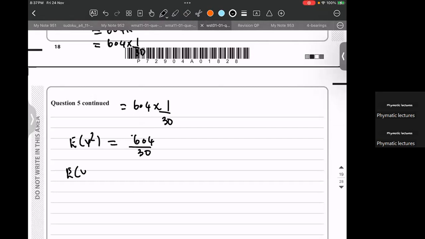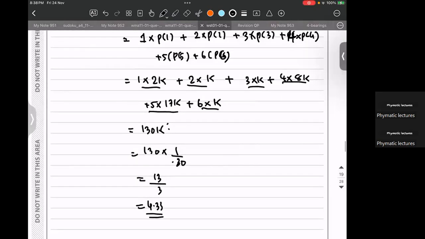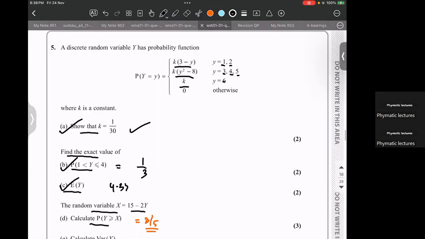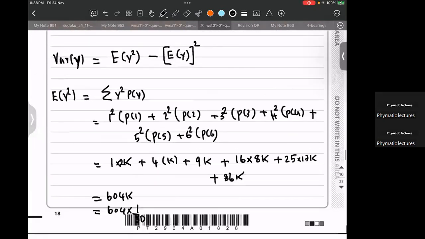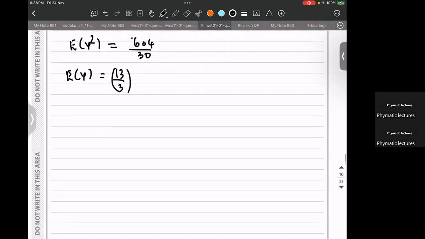Now expectation of y we already know is 13 by 3, that is 4.33. Substitute this, and that will help us find the variance of y.